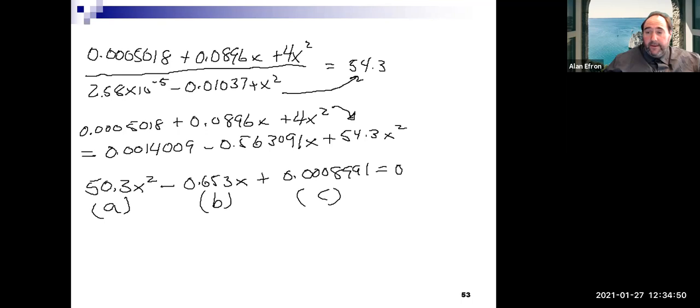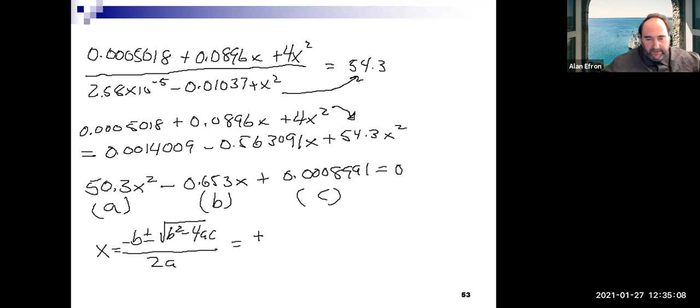Okay, so now we're almost there. We're going to go into our quadratics. Remember, x is equal to minus b plus or minus the square root of b squared minus 4ac, divided by 2a. That's going to give us minus, minus, which turns into a positive 0.653 plus or minus the square root.